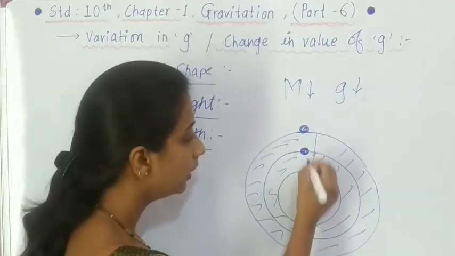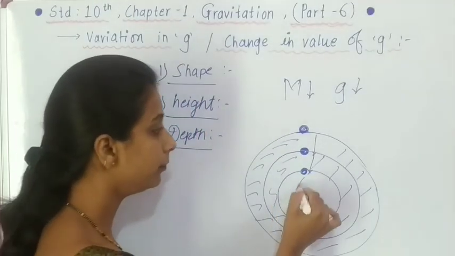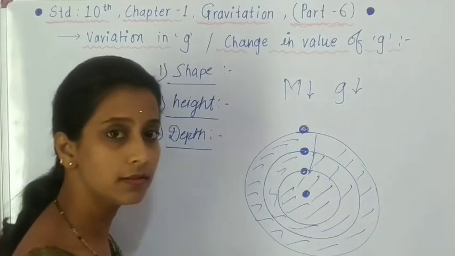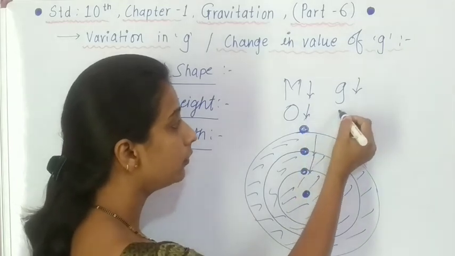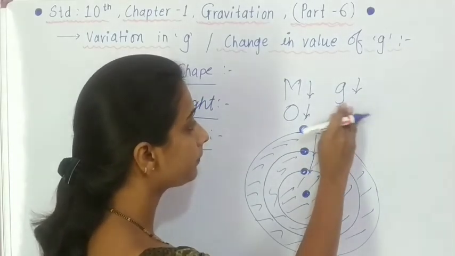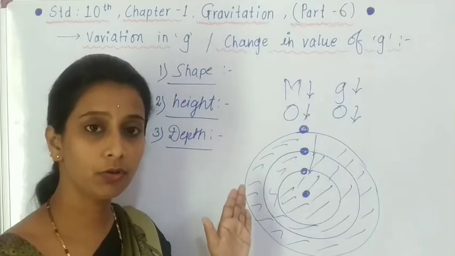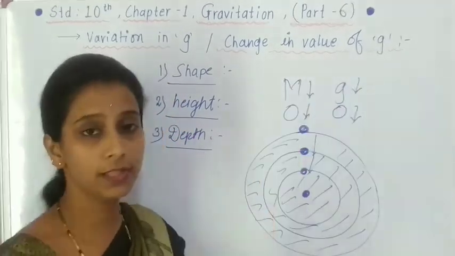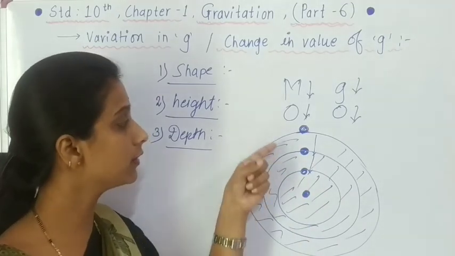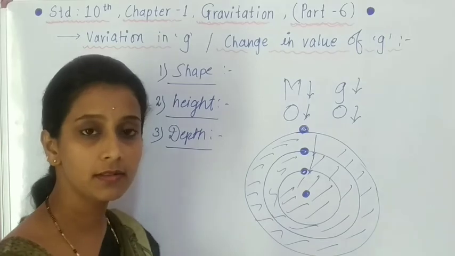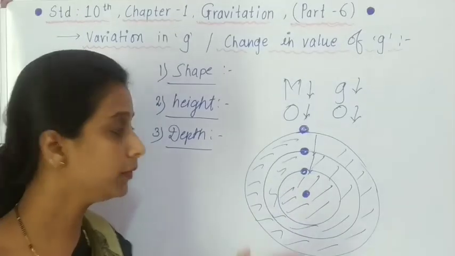Then suppose the person reaches the center of the earth, what will be the mass of earth? It is 0. The mass of earth is 0. So as the mass is 0, then g is also what? g is also 0. In this way, according to depth, the value of g changes in direct proportion. Okay students, the mass decreases for the person, meaning the earth becomes less for the person.